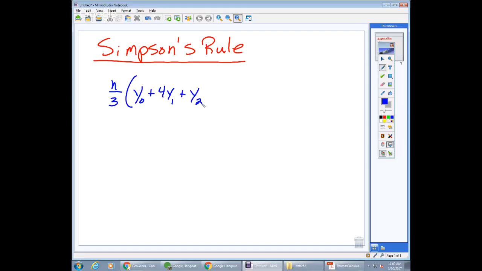So for any pair of intervals, this is what Simpson's rule leads to for the 3 x values that bound the intervals, right? So remember, if we have x values x0, x1, x2, each of those leads to a point on the curve.